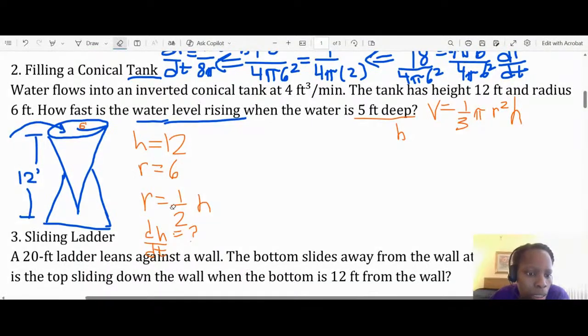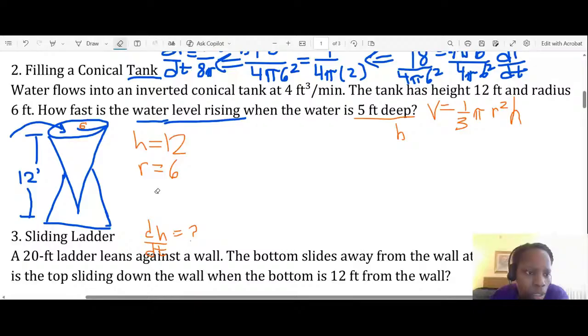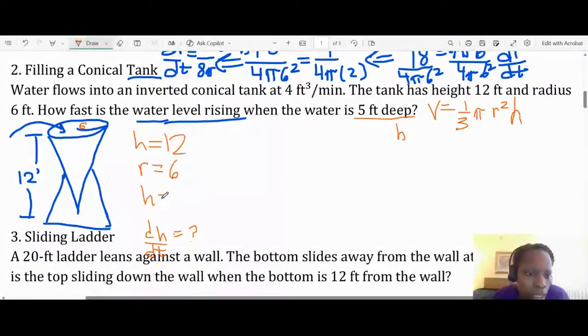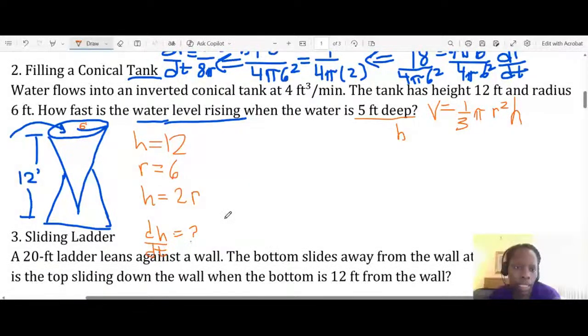Let me erase this relationship and change it around. The other way is twice the radius. So we can replace the h with 2r. Oh no, we need to do it the other way. That's right.